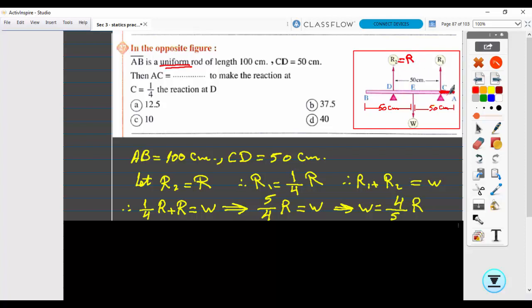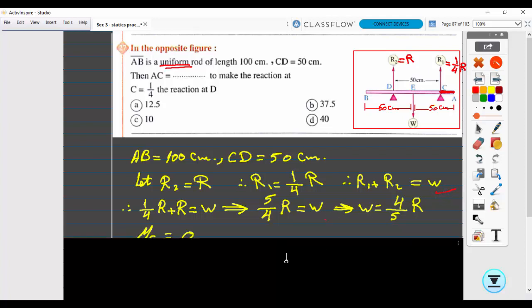So the reaction at C equals 1/4 the reaction at D, which equals 1/4 R. Now this system is in equilibrium, so R1 plus R2 equals W, where W is the weight of the rod.